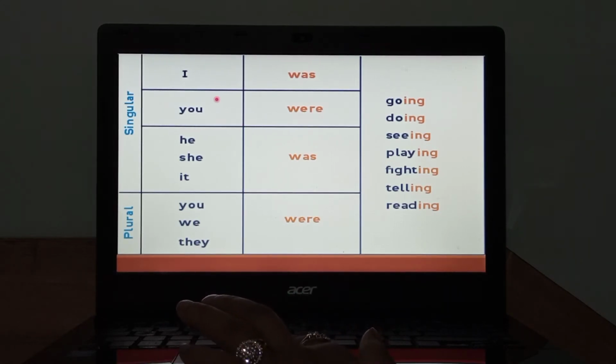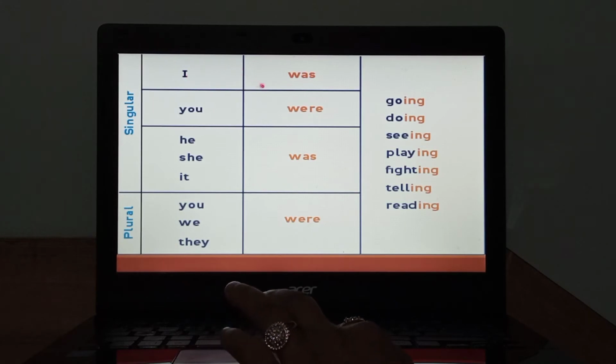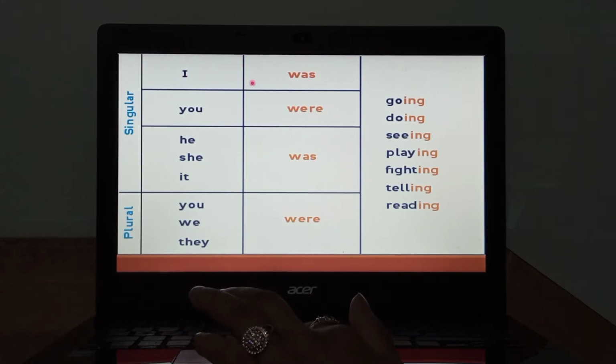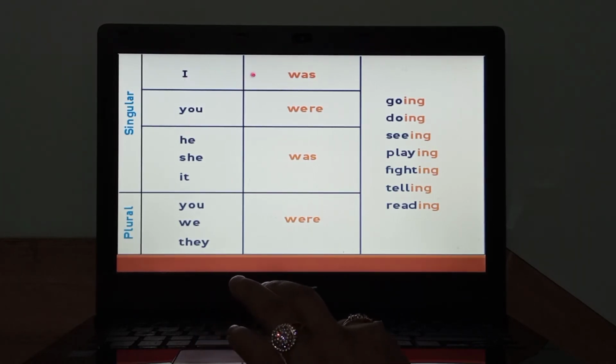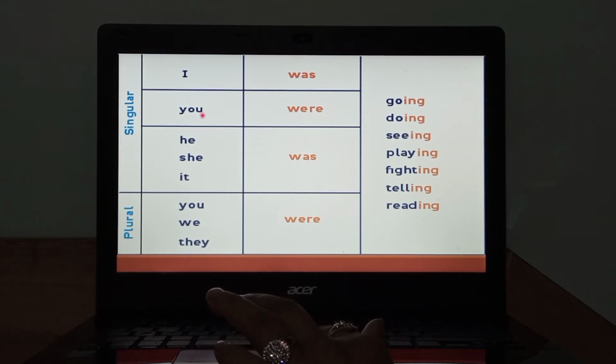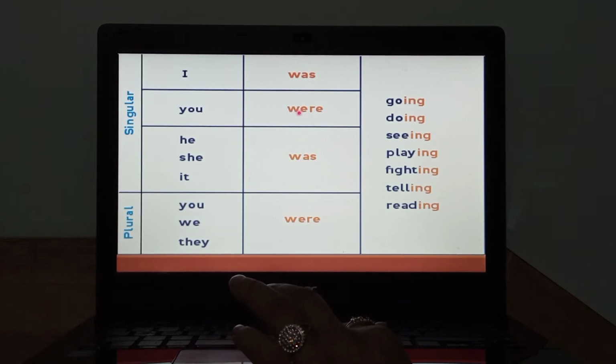When do we use was and when do we use were? If the subject is first person, we use was, and if the subject is second person singular, we use were. That is, with you we will use here were.